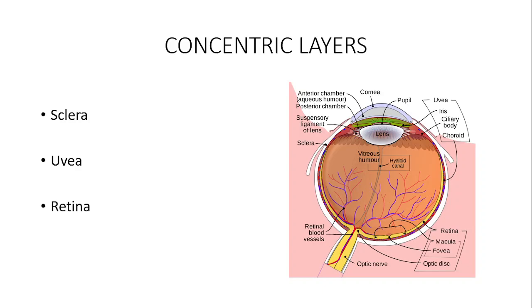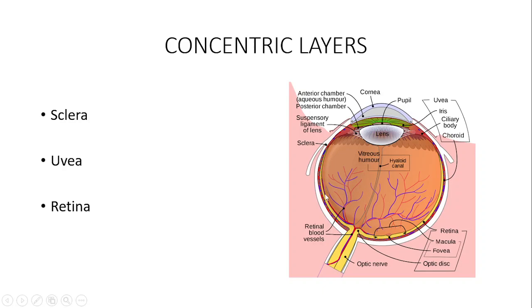There are so many collagen fibers within the cornea, but it is of importance to mention collagen fibers 1 and 5, or type 1 and type 5 collagen fibers. So that's the most external concentric layer of the eyeball. So the middle layer, concentric layer, is known as the uvea.